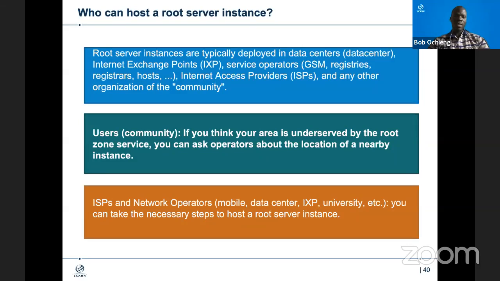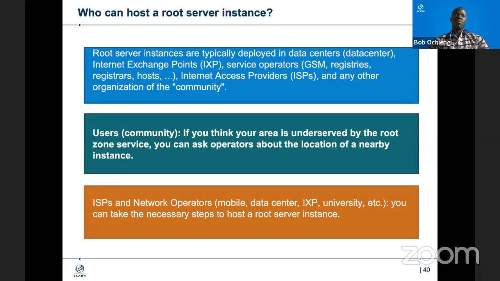As Paul had indicated, some operators prefer, or in their rollout structure, their instances are placed in IXPs or Internet Exchange Points. Others don't do that, and ICANN is one of them.